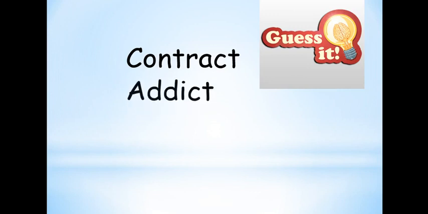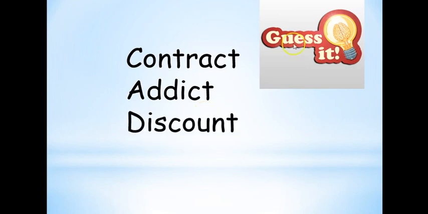Okay, this one. Verb or noun? Addict is a verb. So, we put it on the second syllable. Addict. Addict. Okay. Addiction. So, this one is a noun.